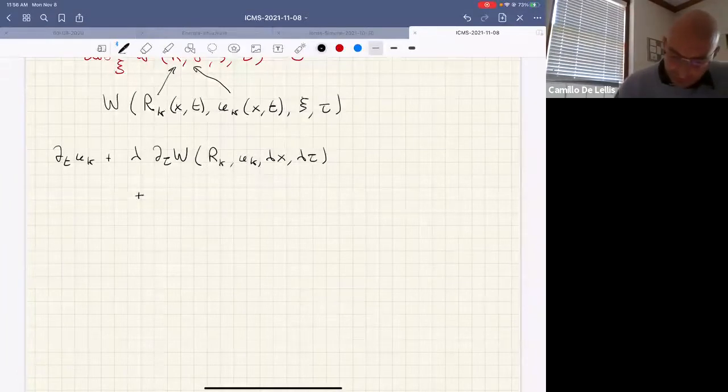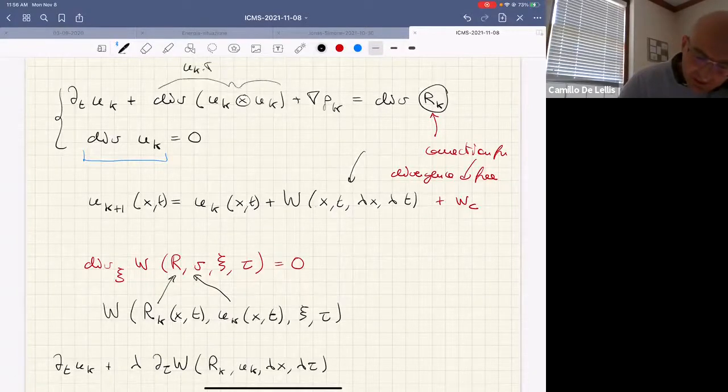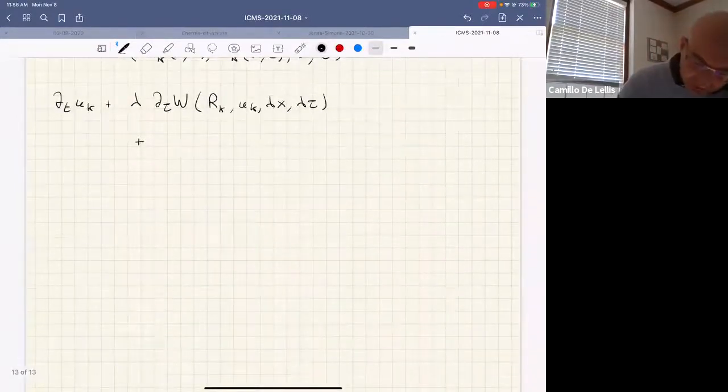So if I now write this one here as uk.grad uk, there's going to be an advective derivative, which is going to hit my fast variable.